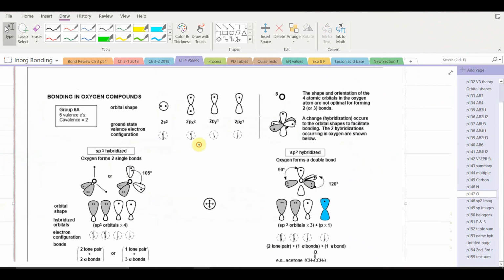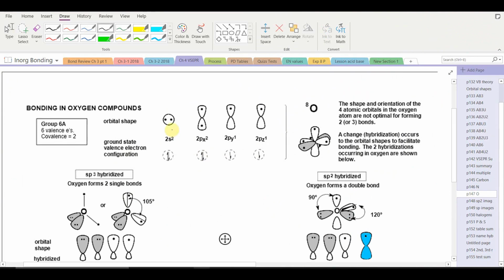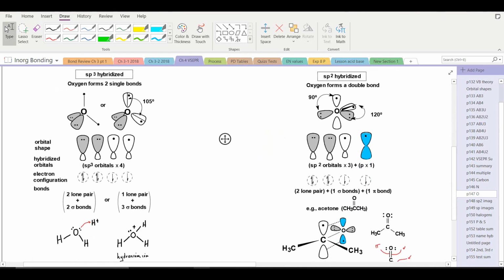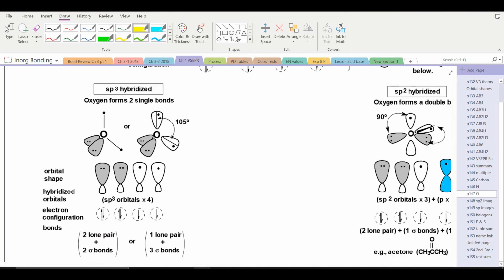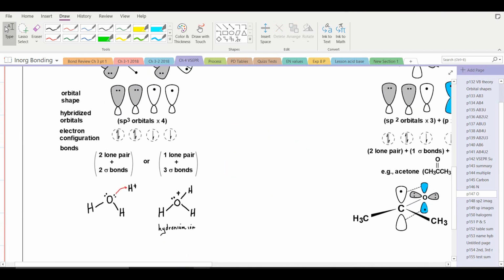Let's look at oxygen. The ground state electron configuration of oxygen is 2s2, 2px2, 2py1, 2pz1. It can form 2 bonds the way it is, but this does not produce the observed tetrahedral geometry. So it does hybridize the s and all 3 p orbitals to form sp3 hybridized oxygen, which we commonly see in, for example, water.